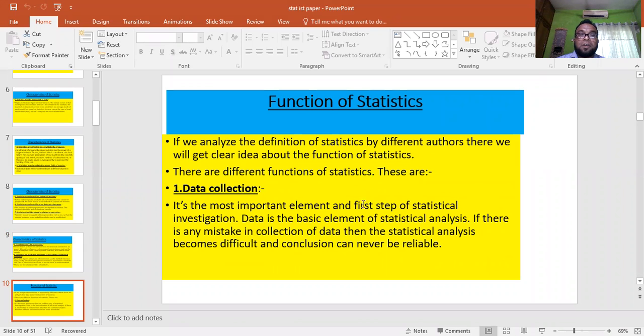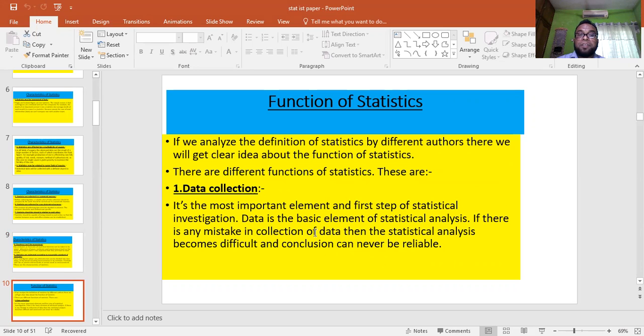The first is data collection. You know the data is the raw material of statistics. So your data should be identical and in very good condition. It is the most important element and the first step of statistical investigation. Data is the basic element of statistical analysis.